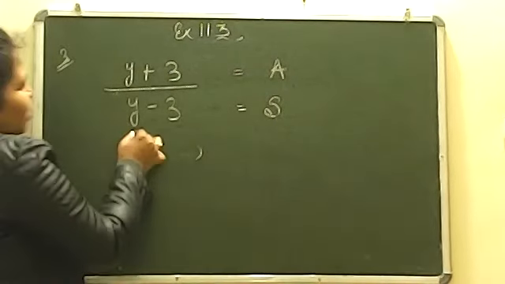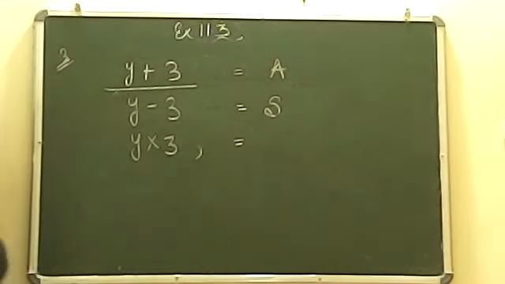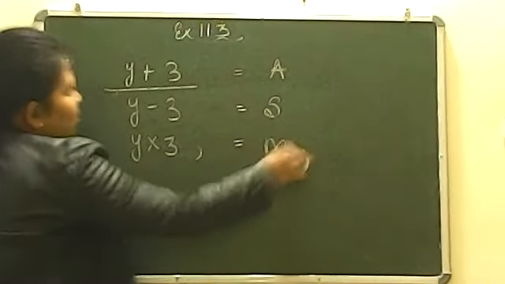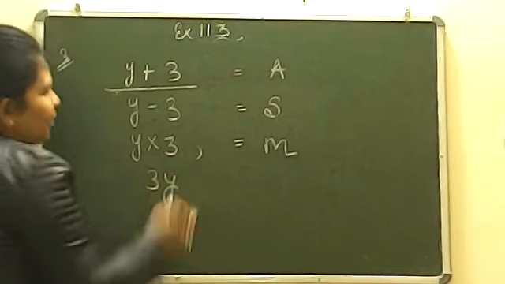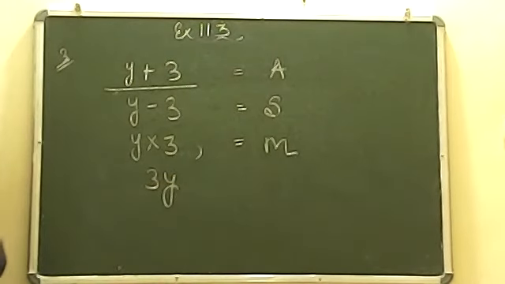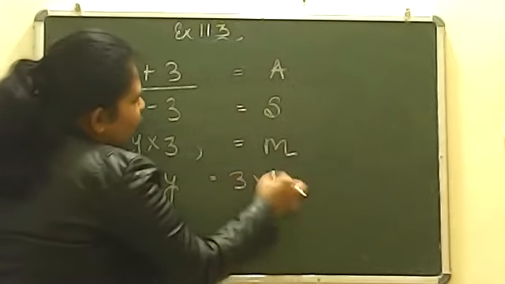If you have an expression like y into 3, which operator is used here? Multiplication. Very correct. Now if I write here 3y, which operator is being used here? If I write only 3y. Wonderful. Very correct. 3y means 3 into y.